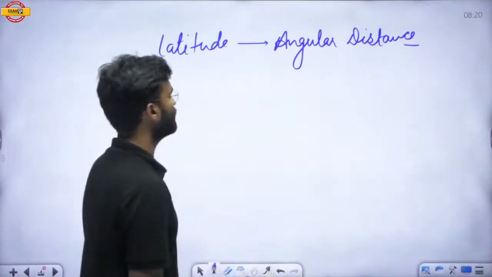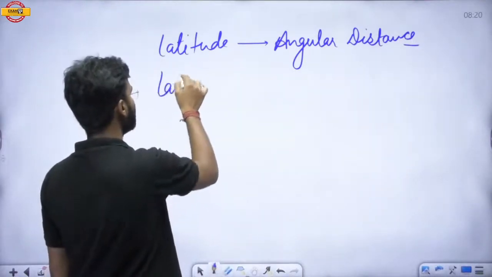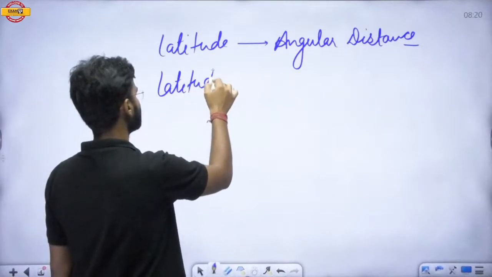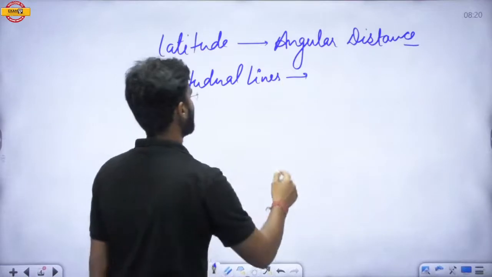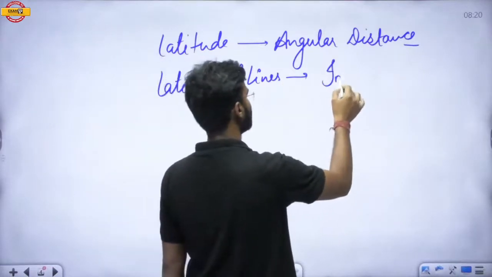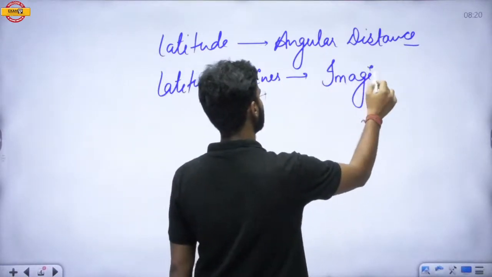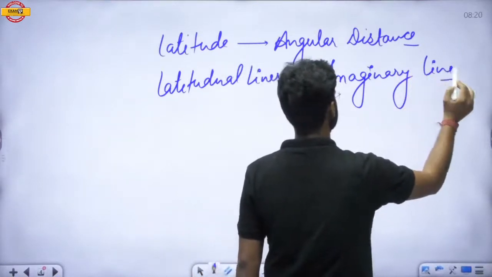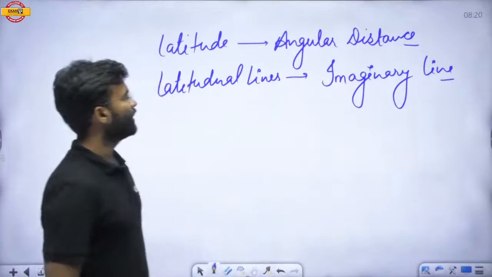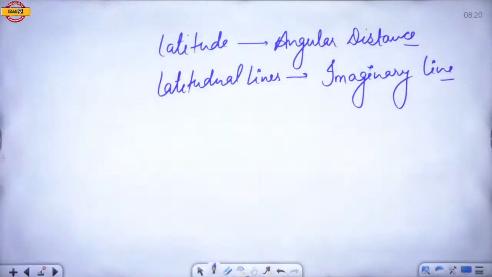Latitude is basically the angular distance, and latitudinal lines are imaginary lines. So latitudinal lines are the imaginary lines, and latitudes are the angular distances.